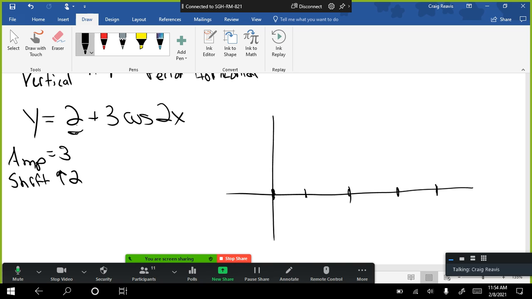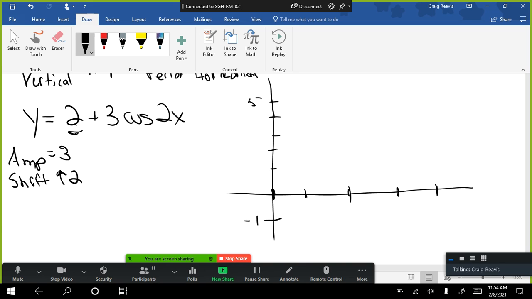Where's it going to bottom out at now? Normally it bottoms out at -3, but it's shifted up 2. So this one's going to bottom out at -1. It's going to top out at 5.